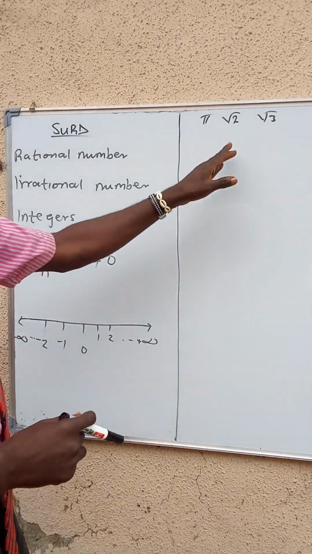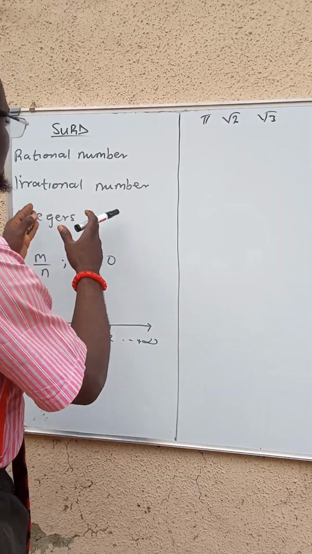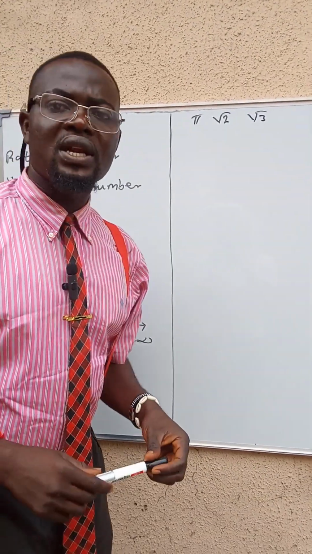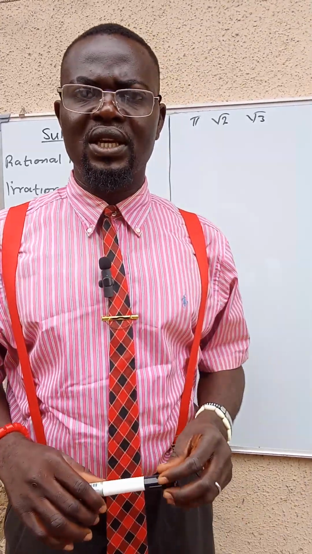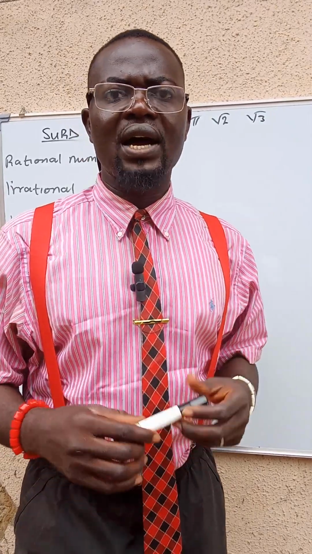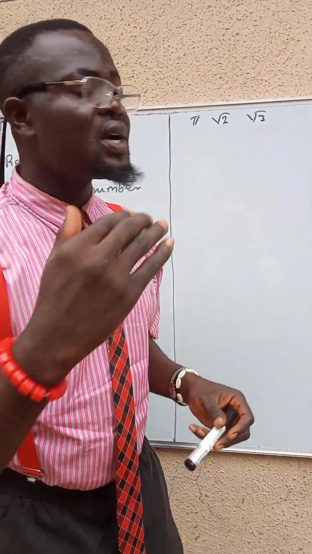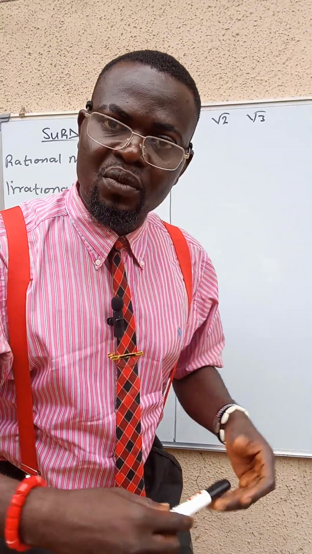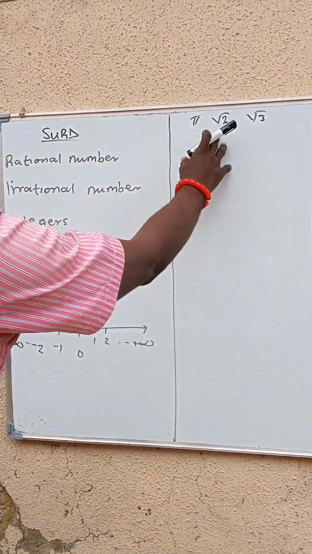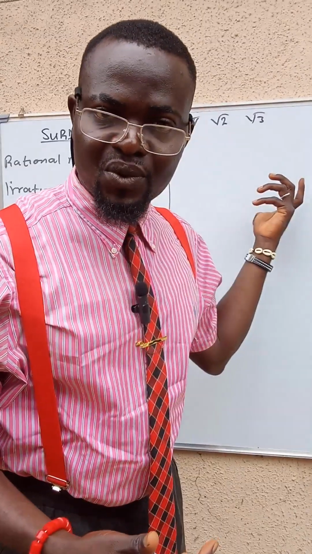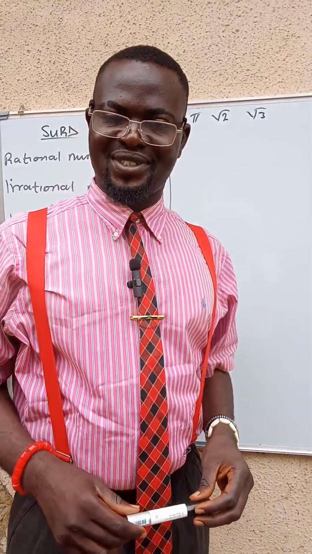Then we say that irrational numbers which cannot be expressed as fractions, and are in the form of this root, we now say they are what? Surd. Now let me define surd in a simple sentence. Surds are roots of what? Rational numbers that cannot be expressed in the form of a fraction. For example, root 2 is a surd. You cannot express it further, and when you bring root 2 out, it cannot give you a fraction.